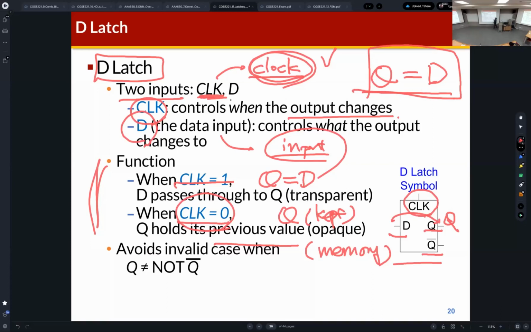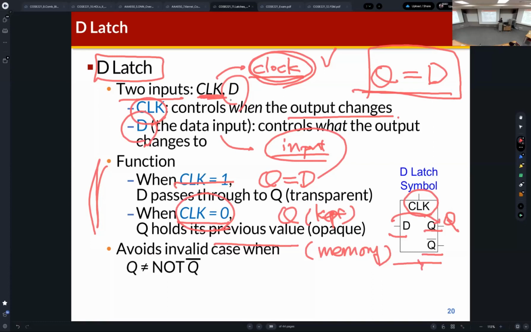There are two inputs, the clock signal and D. D usually represents the input of this flip-flop. D means the data. The clock controls the state of this D latch, and D is just the data input.